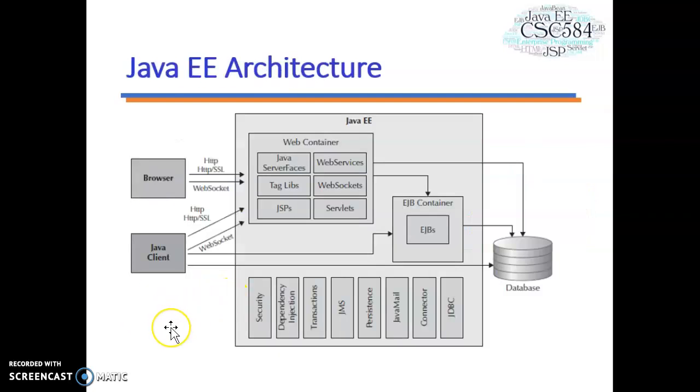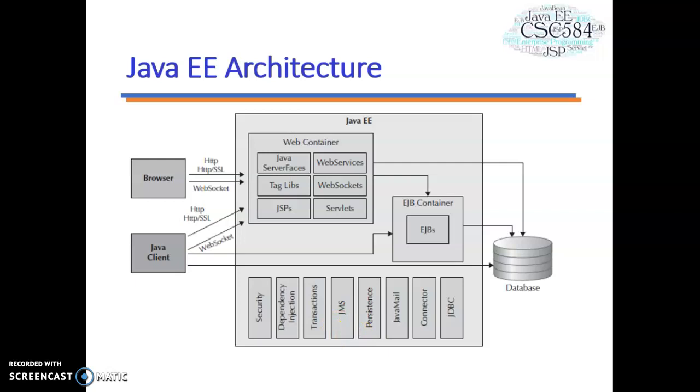So this is an example of the EE architecture. As you can see here, the EE architecture has a web container. The web container plays the role of running the web components. We have JSP, servlet, tag libs, WebSocket, web service, and JavaServer Faces. These are all our web components that can interact with the client connecting to the JavaEE application.